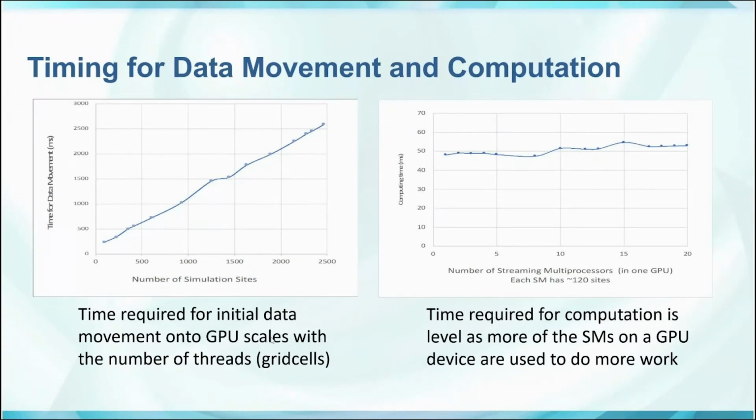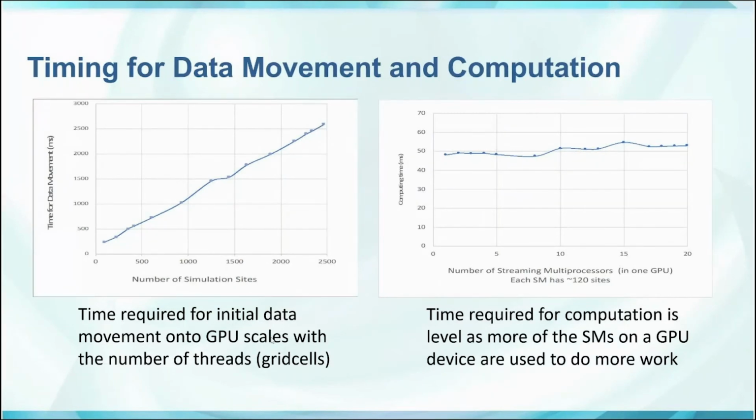So that's good, and it means that there's very minimal conflict among the SMs as you scale out and fill up the device. Now, this is limited, as I said, by the available memory.